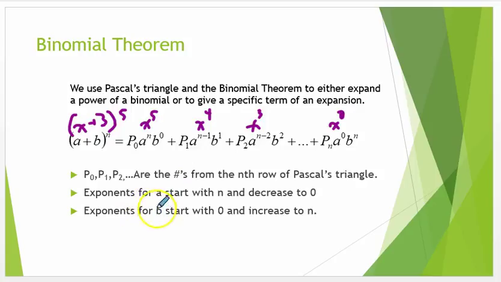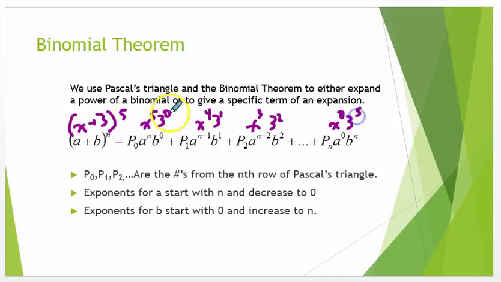And then something very similar is happening for the b term. So whatever you have in this spot, which for the example I'm showing right here is a 3, you would start from the 0 power and increase it until you hit whatever exponent you have outside of the binomial. So for this quick illustration, you would start with 3 to the 0 power, and then you would be counting up: 3 to the 0 to 3 to the 1st, and then 3 to the 2nd power, and you would keep going until you got to the last number, which would be 3 to the 5th power.